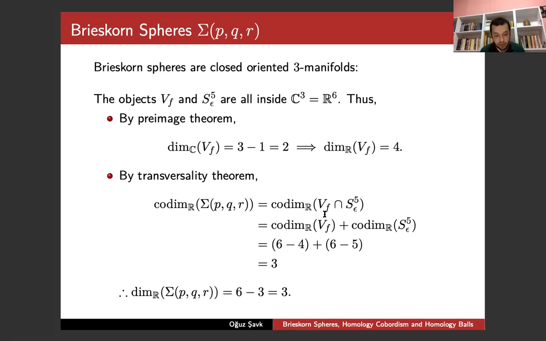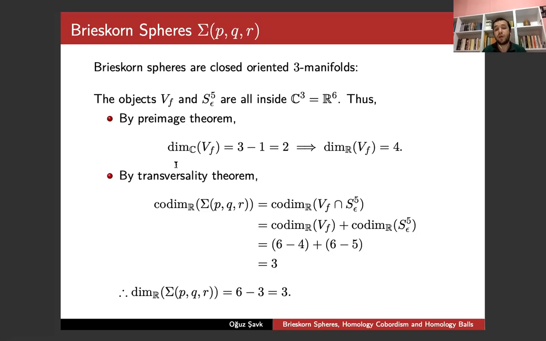Here, the dimension calculation is actually subtle. I tried to write it explicitly yesterday. I need two important and classical theorems from differential topology. We define the function f from three-dimensional complex space to one-dimensional complex space. Then the preimage theorem says that this variety is a complex surface, a complex two-dimensional manifold, so it is a four-dimensional real manifold.